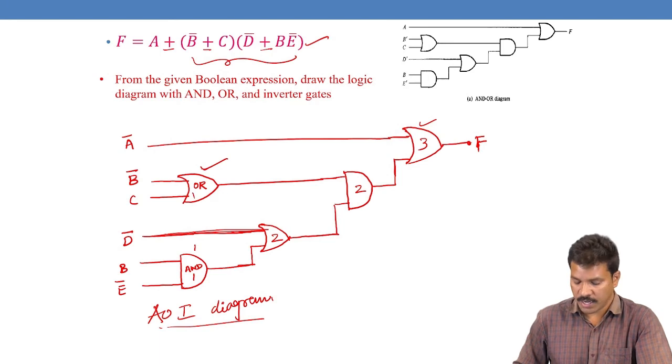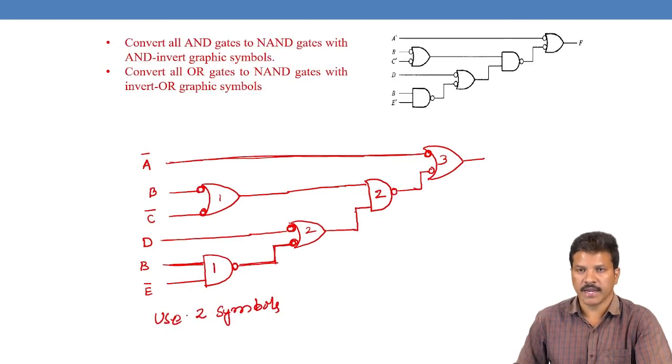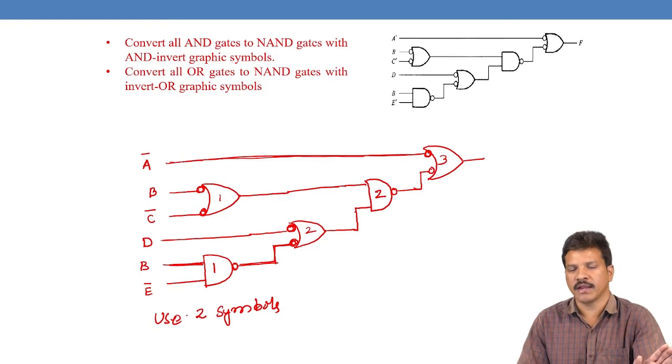Replace the OR gate with a bubbled OR, replace the AND with a bubbled NAND gate, and then wherever there is a bubbled OR, replace it with the NAND gate, so that the entire diagram becomes NAND gates. The functionality of the Boolean function is the same.